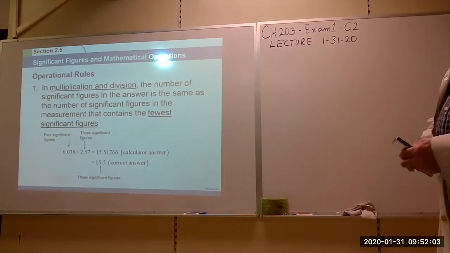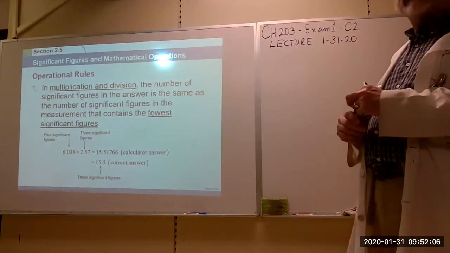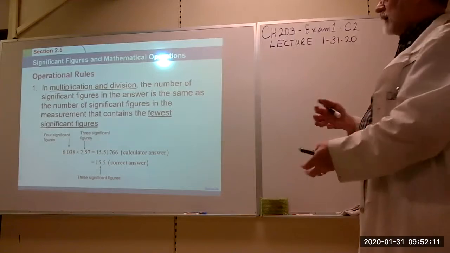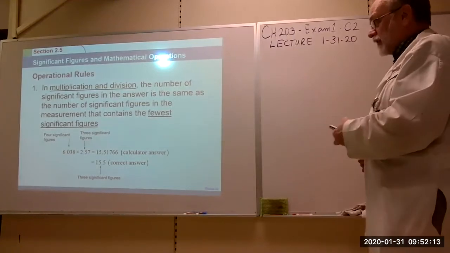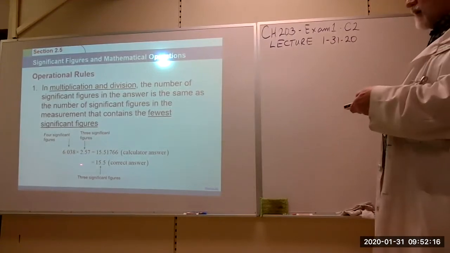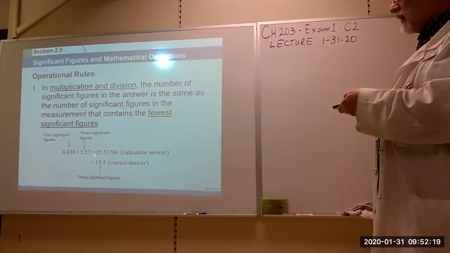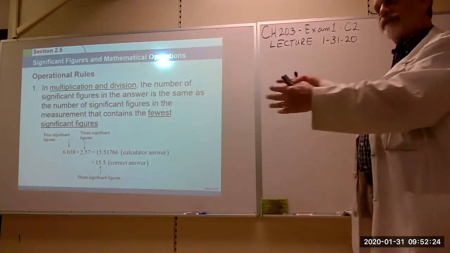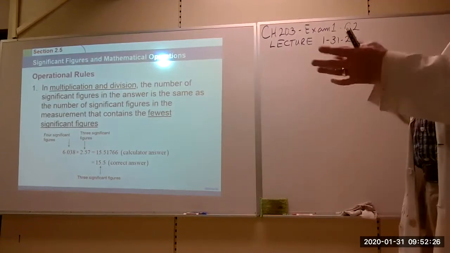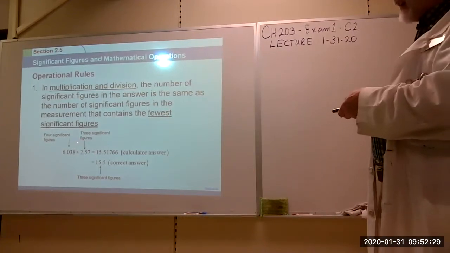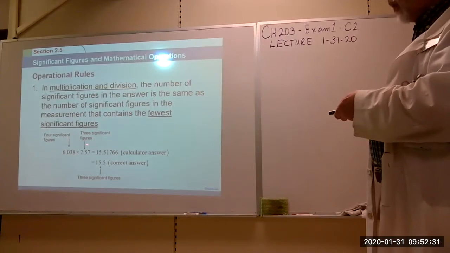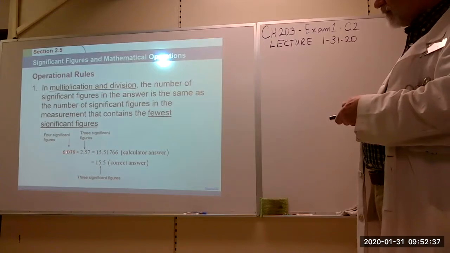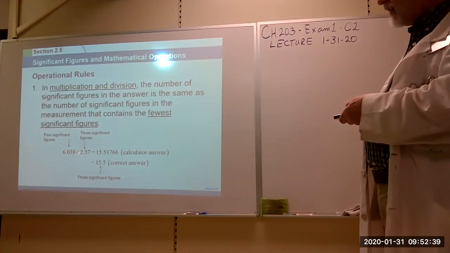Now, we've got 2 or more numbers that have to be multiplied together or divided. The same rules hold for either one. And the rule is, when you multiply these 2 numbers and your calculator spits out something with an infinite number of decimal places, you can write them all down. But then you've got to decide based on what you started with. What is the one with the least significant figures? You know this one is 4, that's a bracketed 0, and this one is 3.